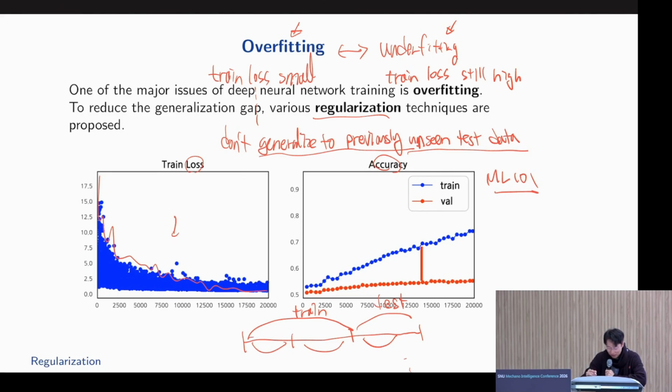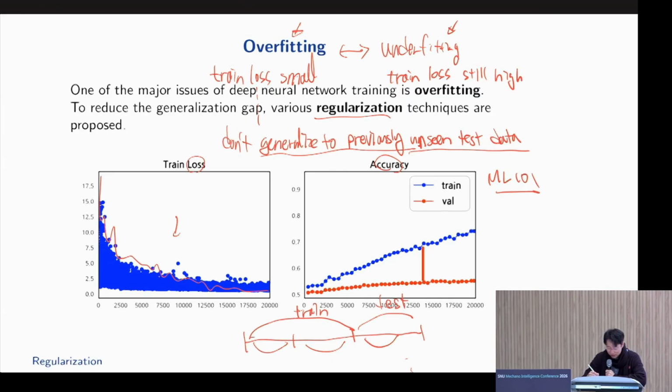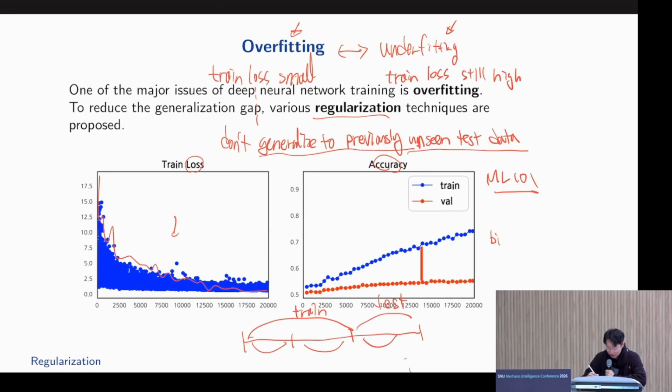All right, so you get a miserable performance. Say this is a binary classification problem, meaning the output is either 0 or 1, and you get 50% validation accuracy. What does it mean?